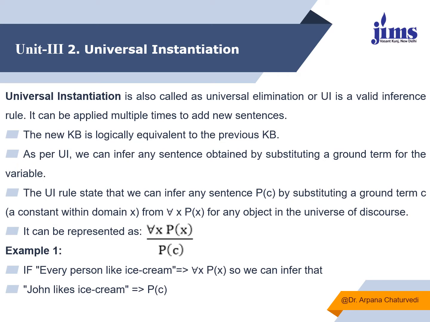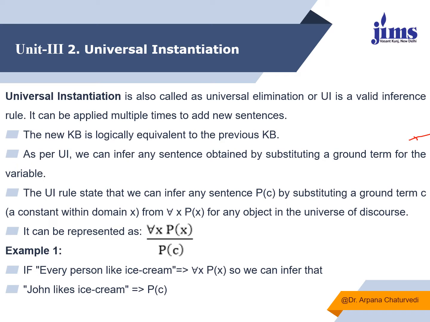We were talking about x, but now I'm not talking about x. I'm talking about a specific person, that is John. So instead of generalization, I have done an instantiation. Let's say I was earlier saying every person likes ice cream. So I can instantiate also. I can say John likes ice cream.